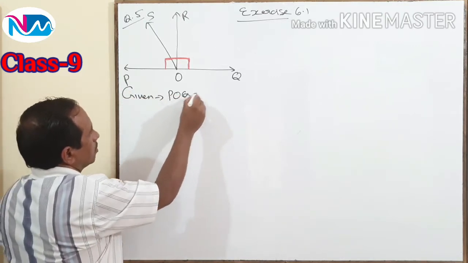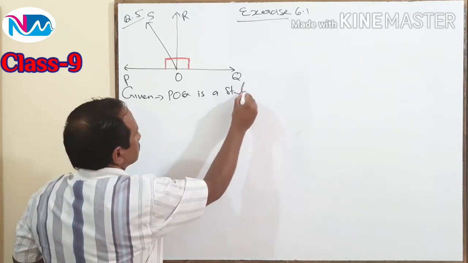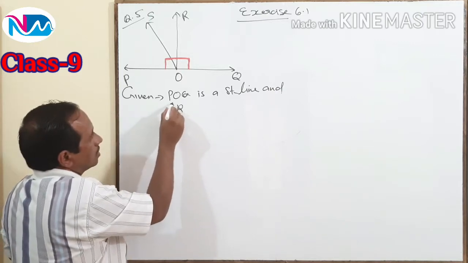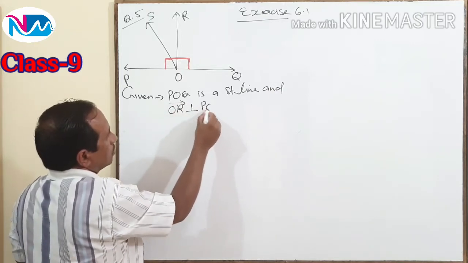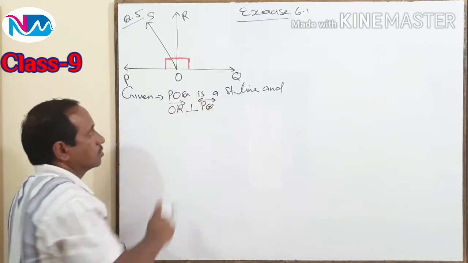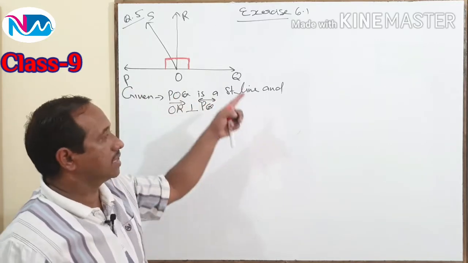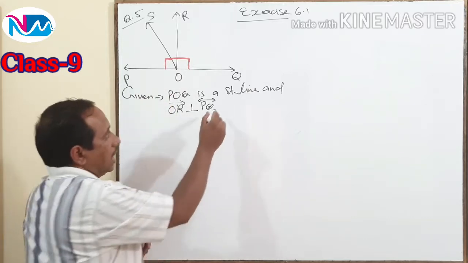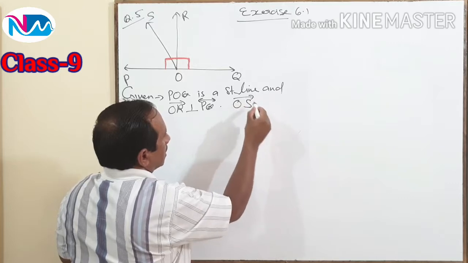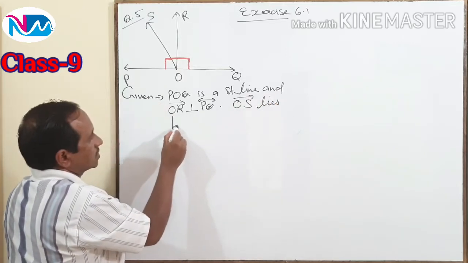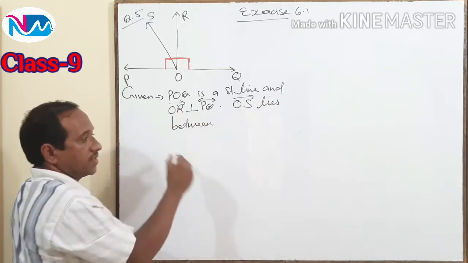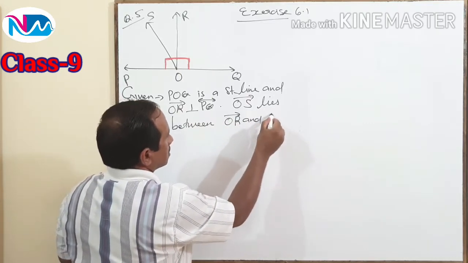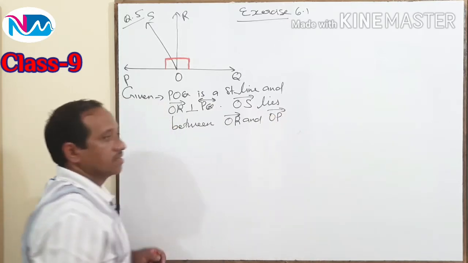Given: POQ is a straight line and ray OR is perpendicular to line PQ, and ray OS lies between ray OR and ray OP.